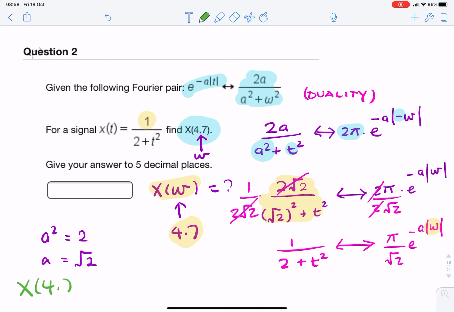X of 4.7 equals pi divided by square root of 2 e to the minus square root of 2, because a here is square root of 2, multiplied by 4.7. If you put that in a calculator, you get to 5 decimal places 0.00288.